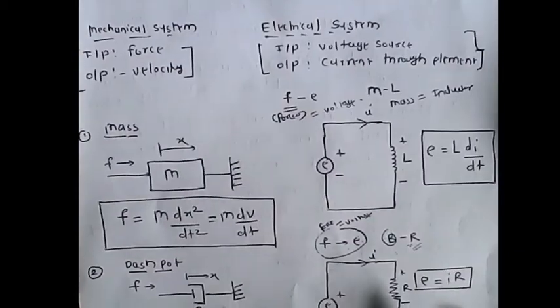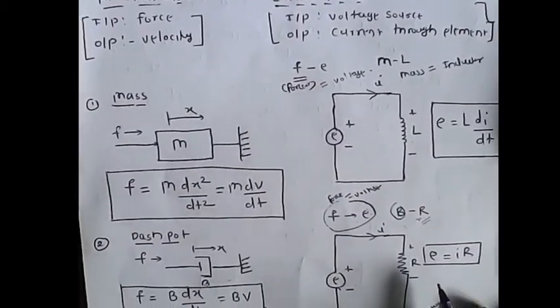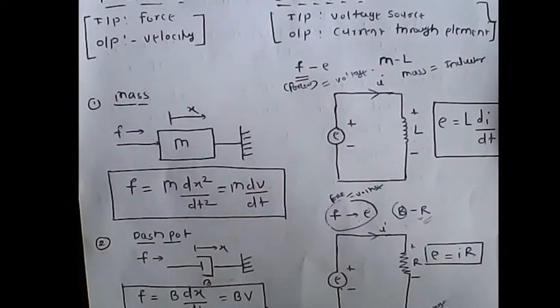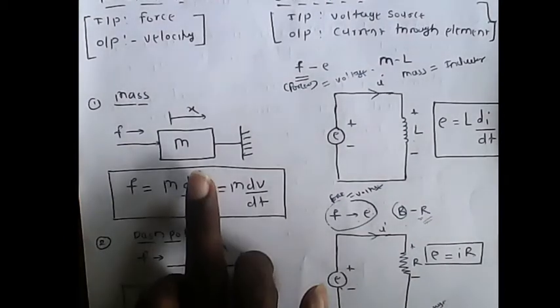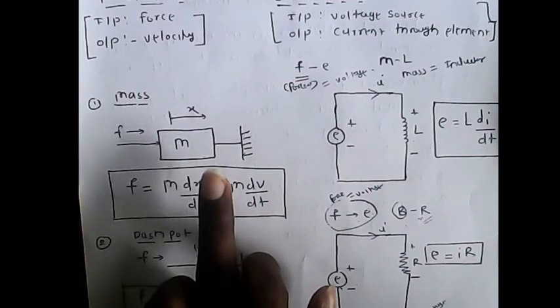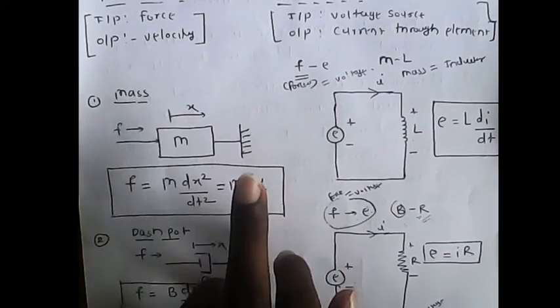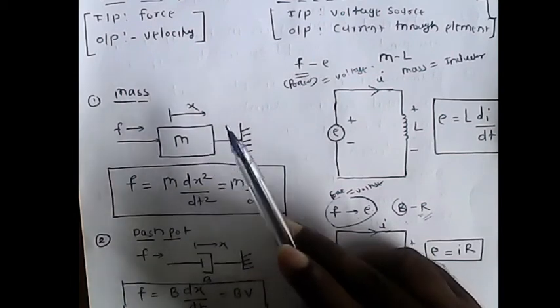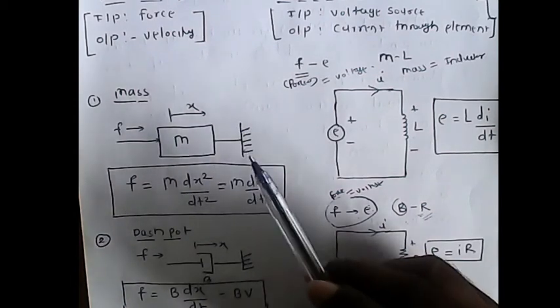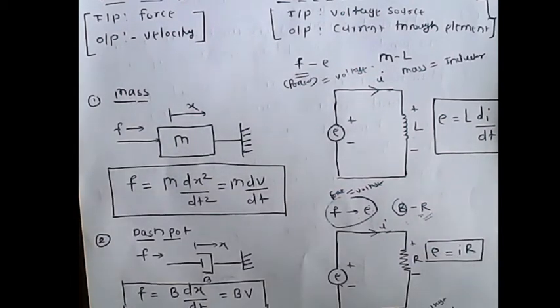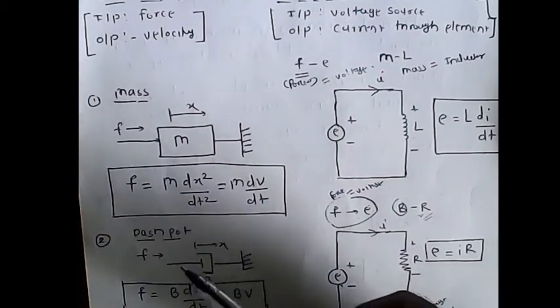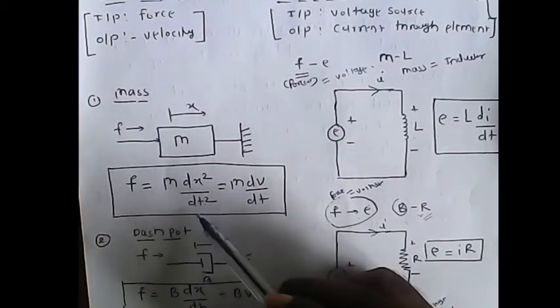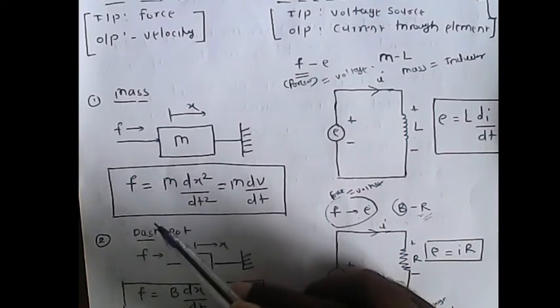So the first basic element of mechanical system is mass. Consider a body of mass which is fixed at one wall. We apply a force in the x direction, where x is the displacement. The opposing force is given by f equal to m d²x by dt², where m is the mass and f is the applied force.